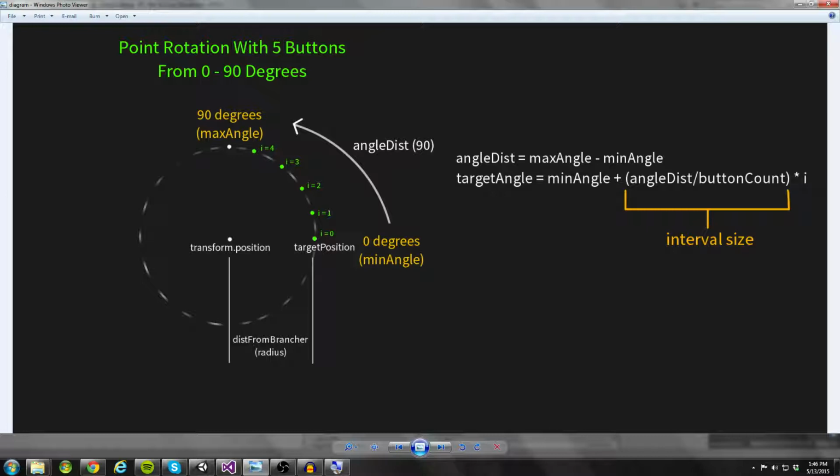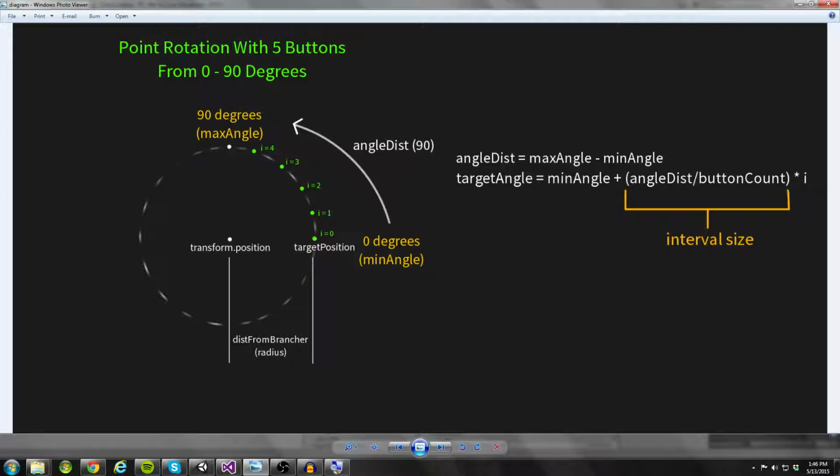Those are all the possible positions for our buttons to be at. Note that the min angle and the max angle can be determined by you. 0 to 90 degrees certainly isn't the only threshold that we can have with the system. You can set those to whatever you want as long as the max angle is greater than the min angle.